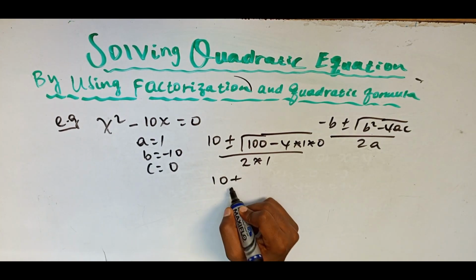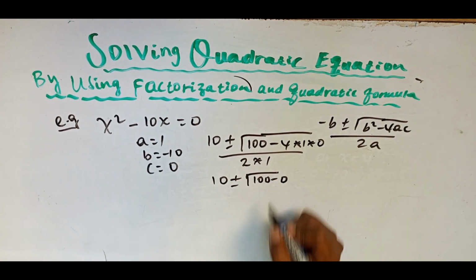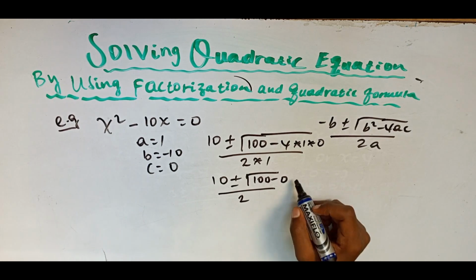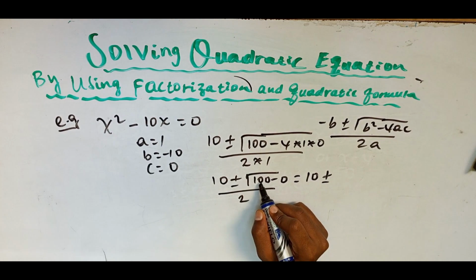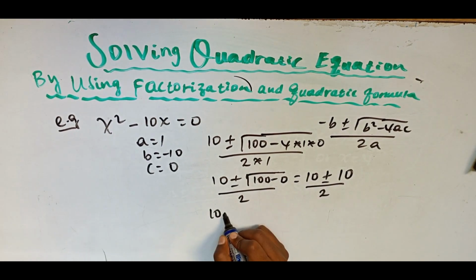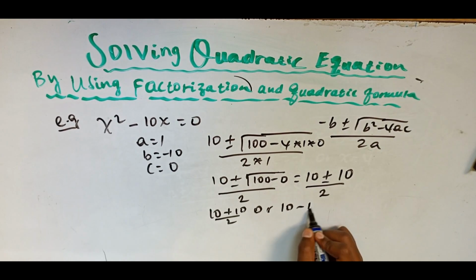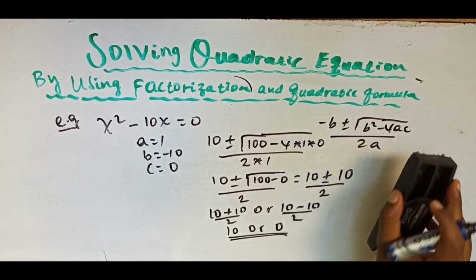So 10 plus or minus under radical of 100 minus 0 over 2. So what's left? 10 plus or minus under radical of 100 means 10, over 2. So 10 plus 10 over 2 or 10 minus 10 over 2 is the final answer. So 10 plus 10 is 20 over 2 is 10, or 10 minus 10 is 0. We get 10 or 0 by using the quadratic formula.